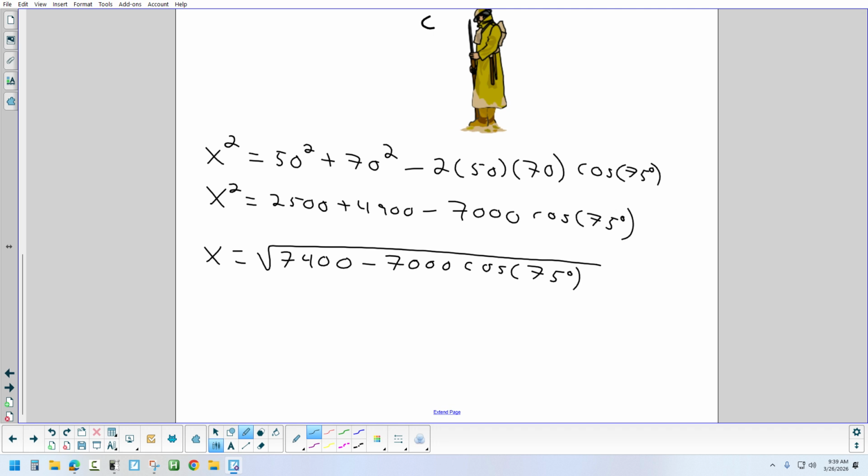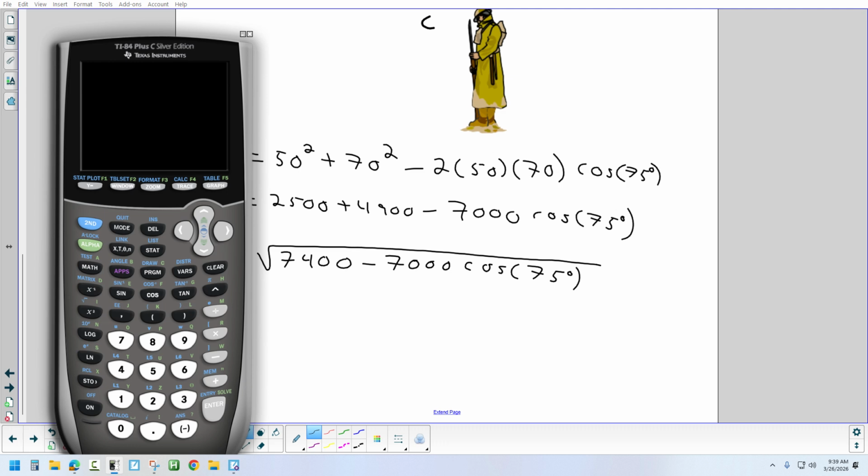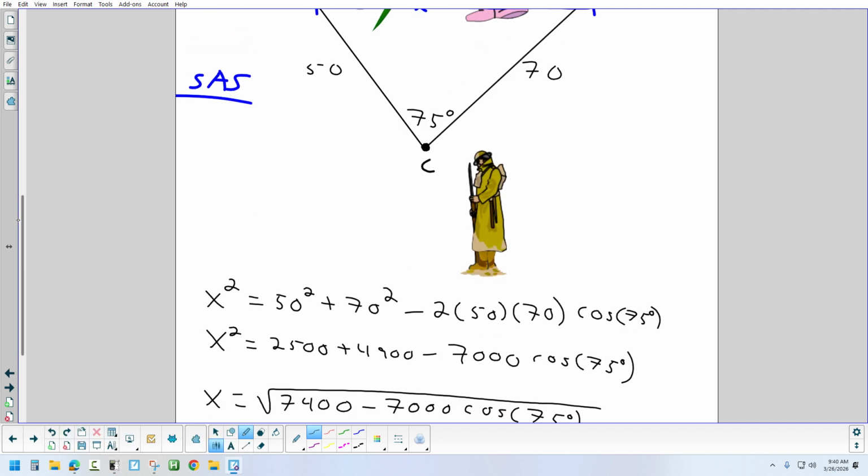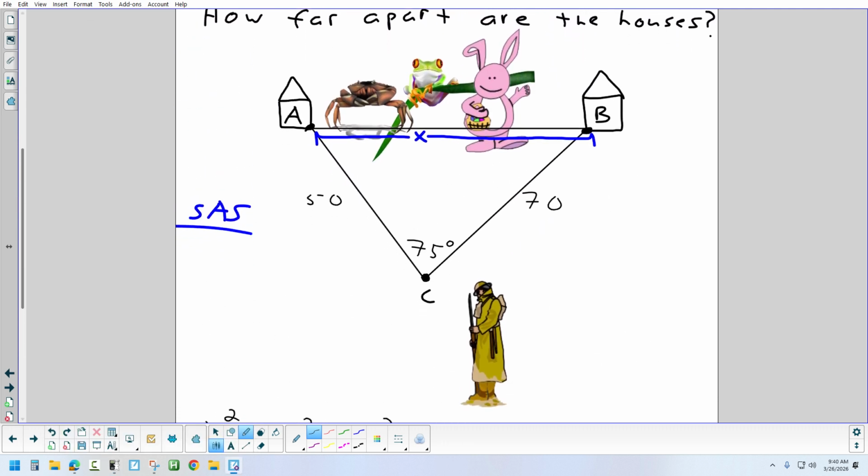Now we'll type all that in and see what we get. Looking at reasonable numbers, remember what has to happen in a triangle: any two sides added together have to be bigger than the third. If I add 50 plus 70, I get 120. So that third side cannot be bigger than 120.